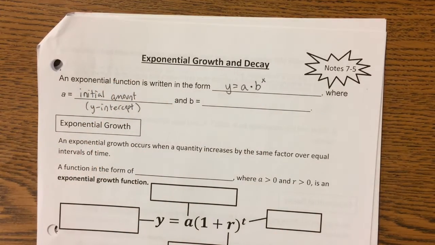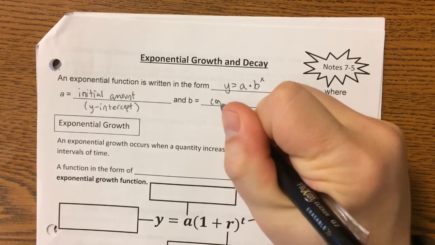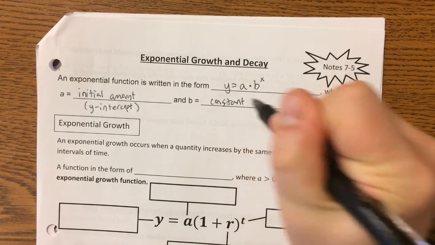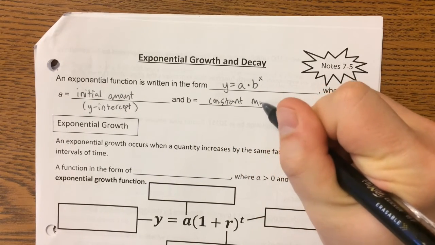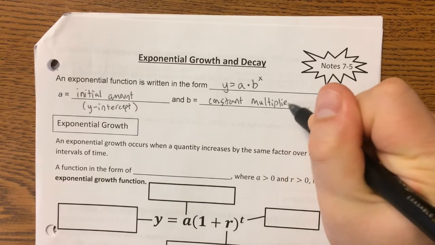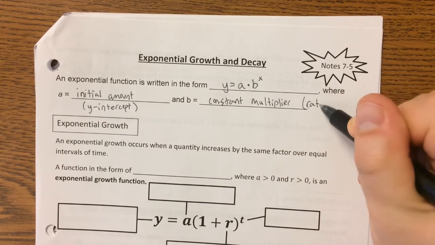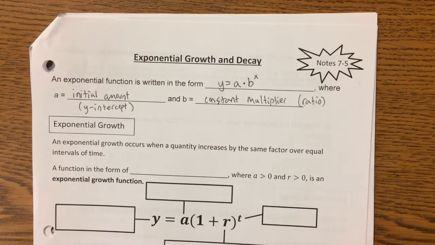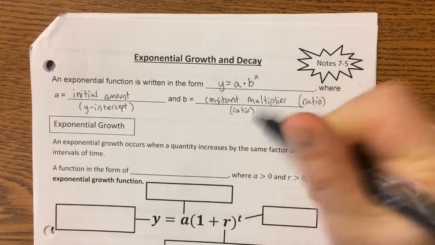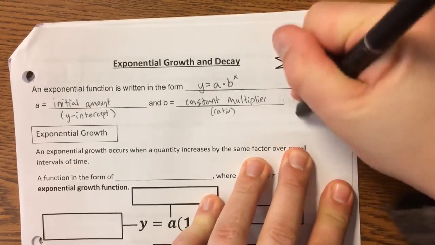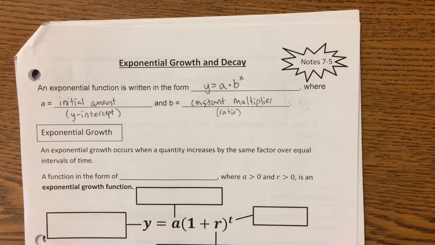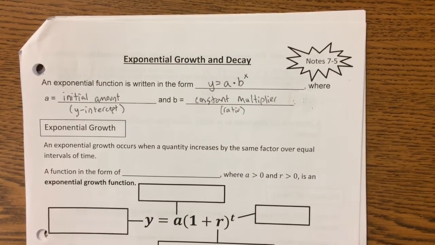And then b is going to be your constant multiplier, or sometimes we call it the constant ratio. In other words, that's the number that you're multiplying over and over again.